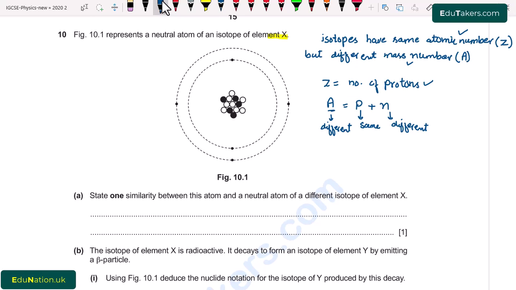So I write here: a neutral atom has equal number of electrons or equal number of protons.